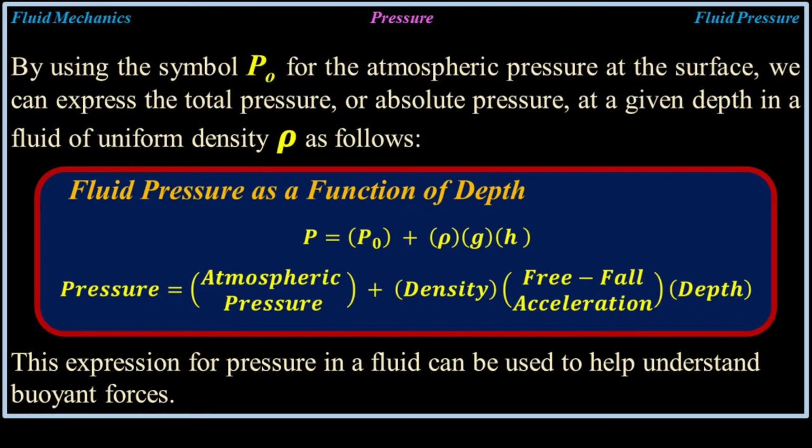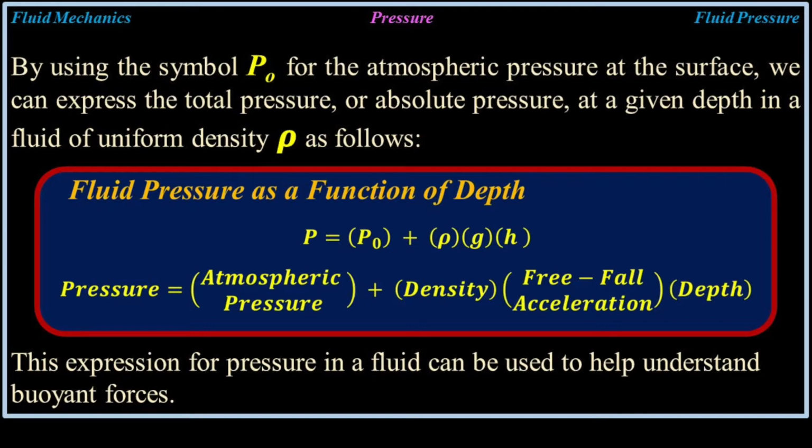By using the symbol P naught for the atmospheric pressure at the surface, we can express the total pressure, or absolute pressure, at a given depth in a fluid of uniform density rho as follows.